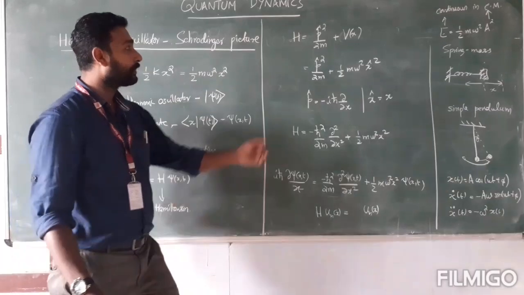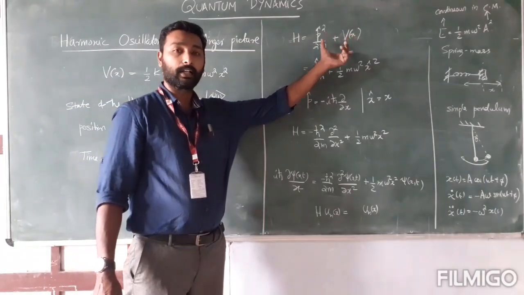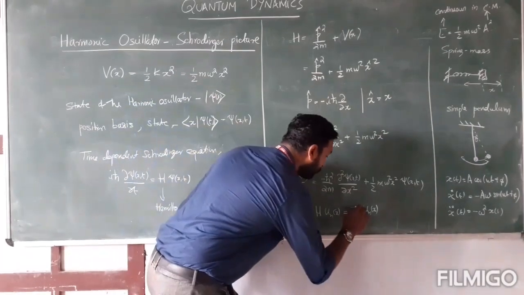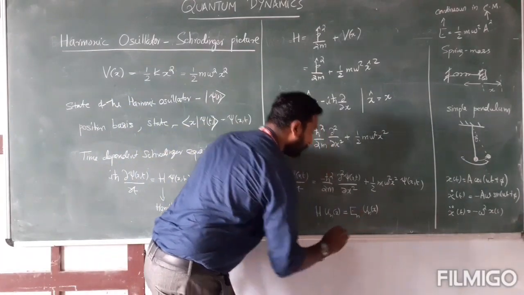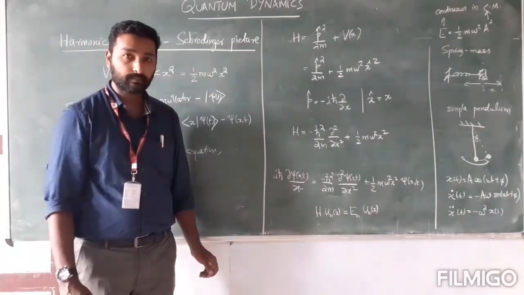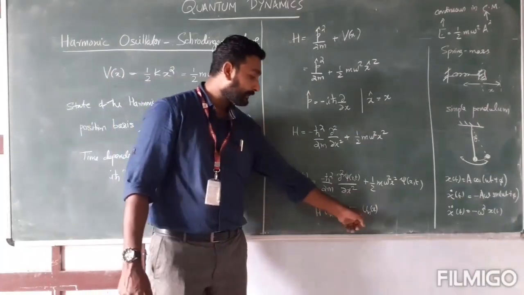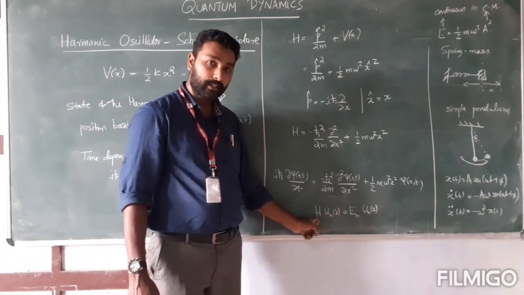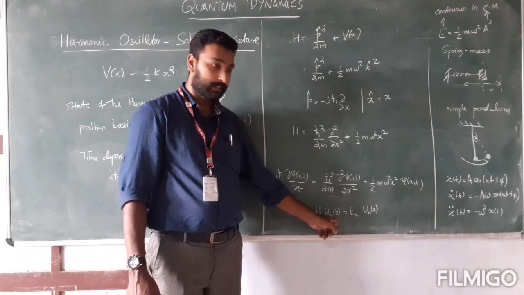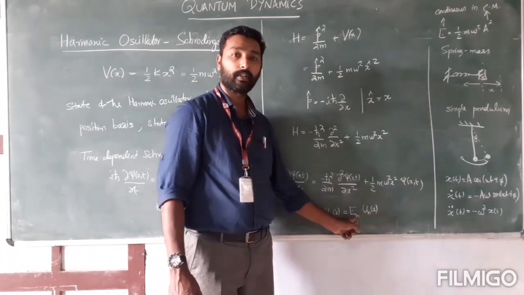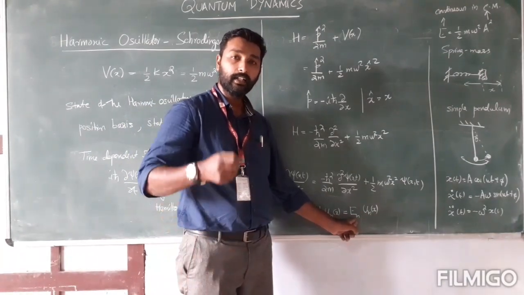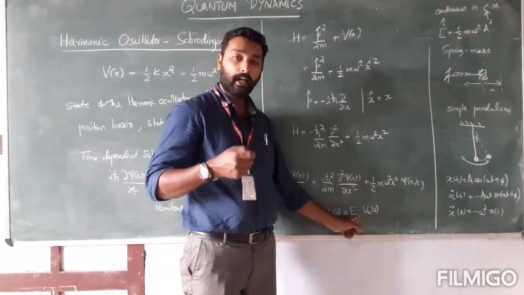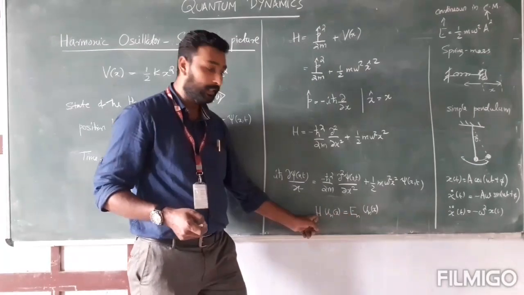You know that the Hamiltonian is the total energy, so the eigenvalue of the Hamiltonian will be the energy, and I will denote the corresponding eigenvalue as En. These are eigenvalue equations: En is the eigenvalue of the Hamiltonian corresponding to un.